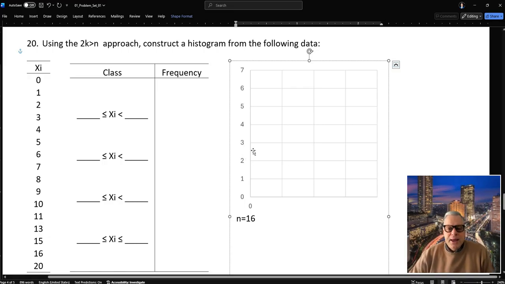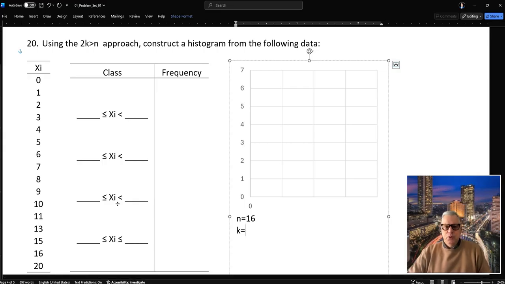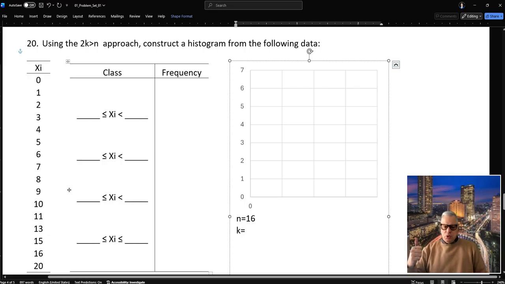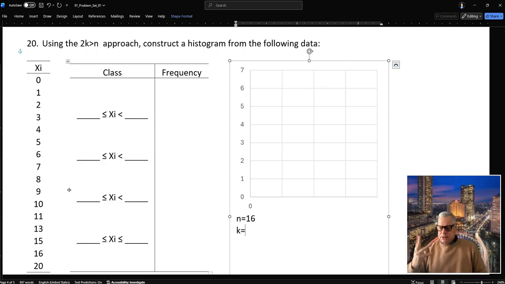So how many classes do we then need? For the number of classes, we have to use the 2 raised to the k greater than n rule. So we would go 2, 4, 8, 16, but it's not greater yet. So it needs to be one more, so we need to have 5 classes.